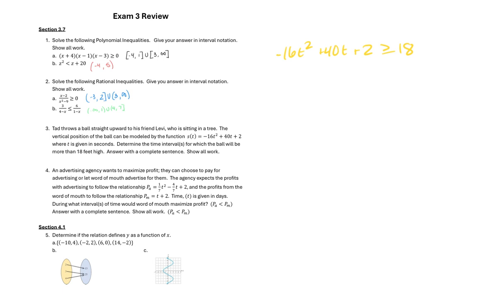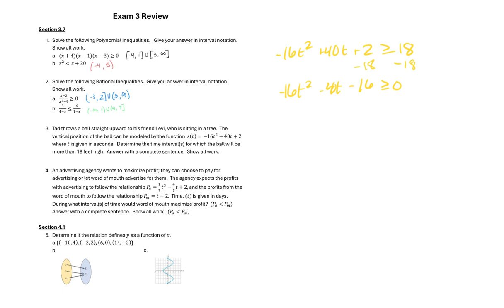So what we do now is we need to set this equal to 0. So we get negative 16t squared minus 40t minus 16 is greater than or equal to 0. So we can use the quadratic equation to figure out when this left side is equal to 0.